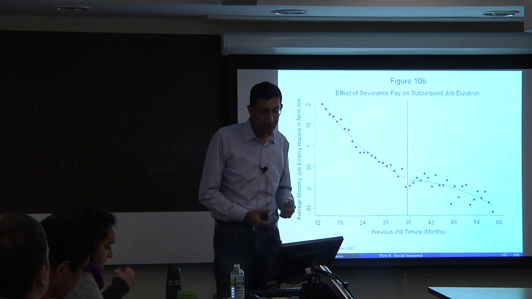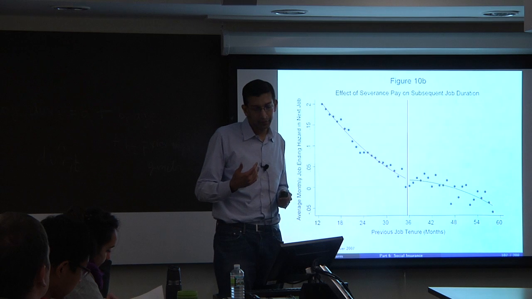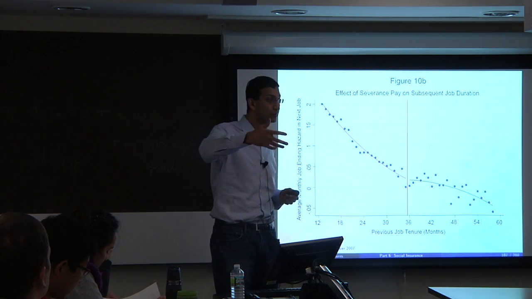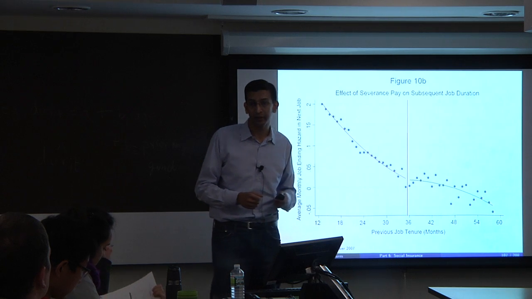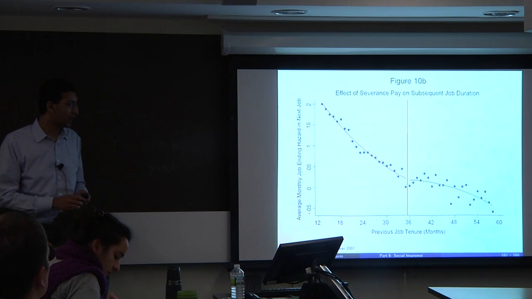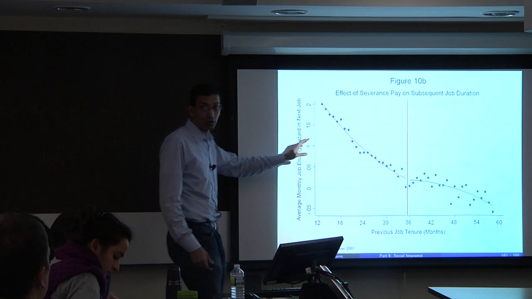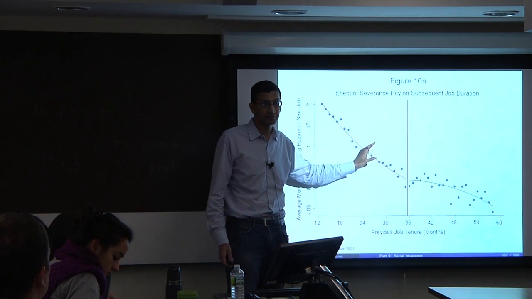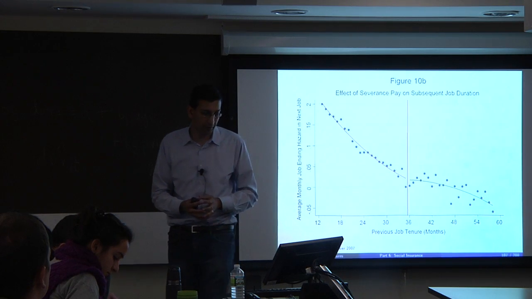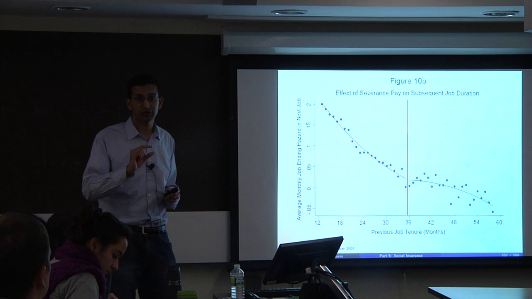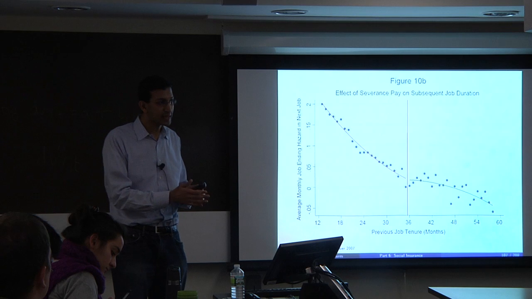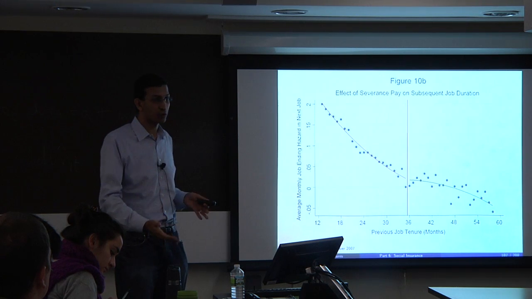You might also say, well, wages are only one dimension of match quality. What if the jobs are better on some other dimension that you're not able to observe in the data? That's a perfectly reasonable argument. But a good way to get at that is to look at how long the next job lasts. This is an idea that goes back to Jovanovic on match quality. If a match is better on some unobservable dimension, we should see that match lasting for a longer amount of time, right?